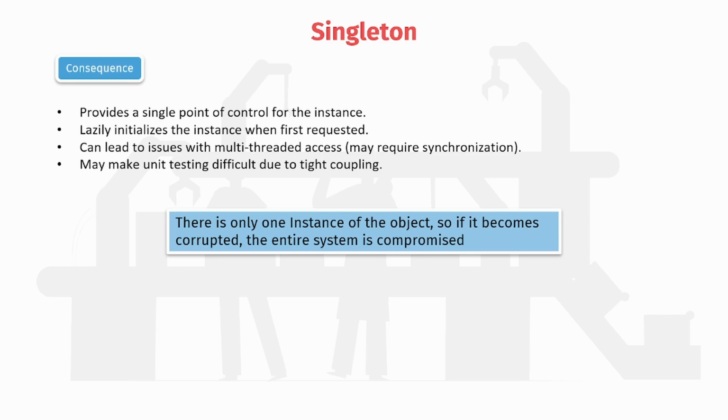And if that is the case, your application will break, right? So that is the trade-off. But anyway, this singleton is providing a solution to a problem, so we have solved it.